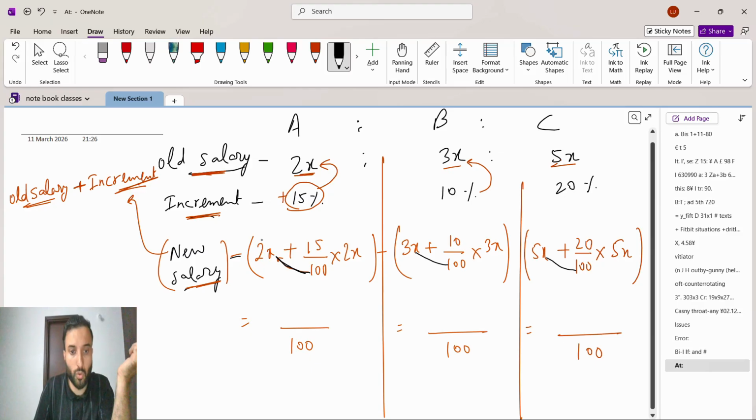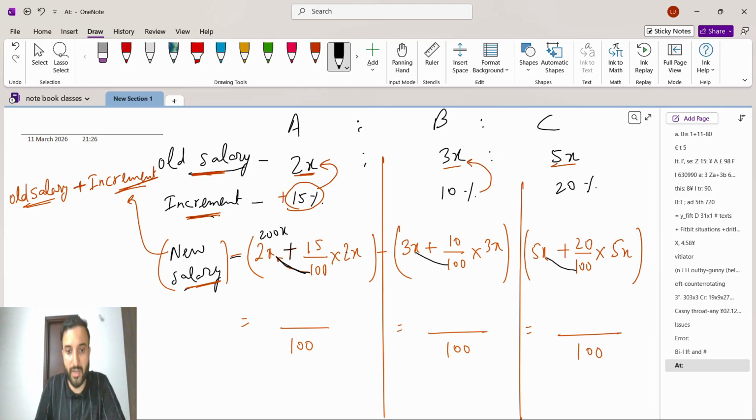So 100 into 2, that is 200x, plus 15 into 2, which is 30x. 10 into 3 is 30x, and 20 into 5 is 100x. So 100 into 2 is 200x plus 30x, which becomes 230x. Then 100 into 3 is 300x plus 30x, which means 330x. Then 100 into 5 is 500x plus 100x, that is 600x.